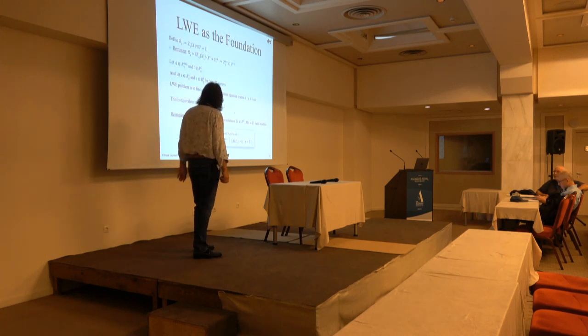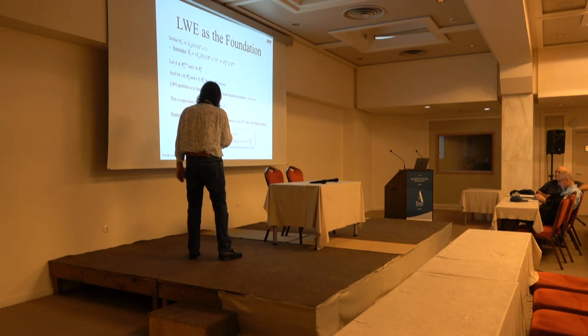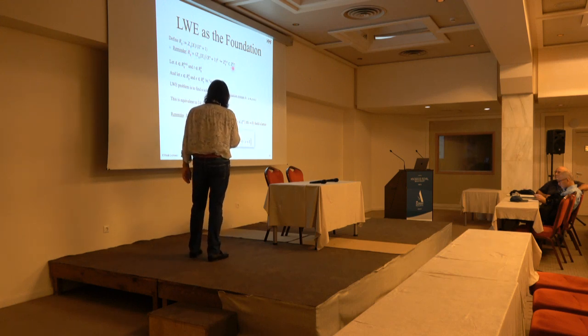So, we go back to the learning with errors problem. Again, we have this ring here of residue classes of polynomials, the coefficients of which stem from this finite ring here. And it's a subset, so the module is also called R_q.